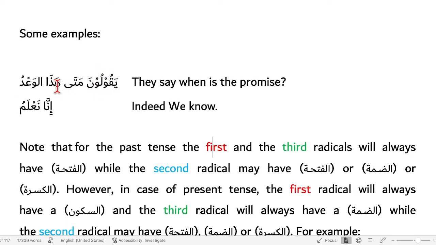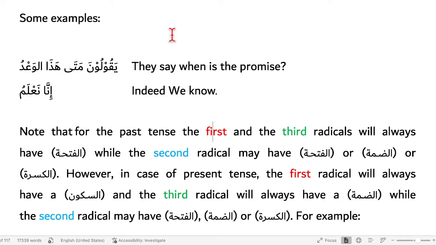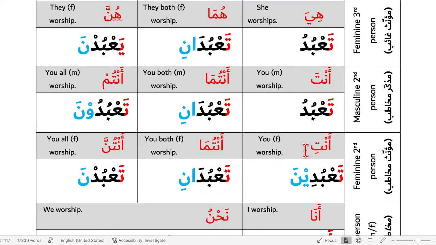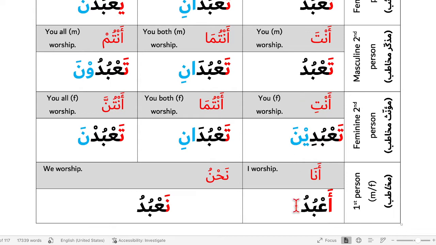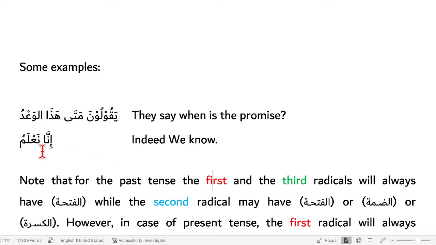They say mata hazal wadu, when is the promise. Nalamu, alima, yalamu. So nalamu, yalamu. So it's going to be yalamu, talamu, alamu, nalamu. So nalamu is going to come here. Inna, nalamu, indeed we know.